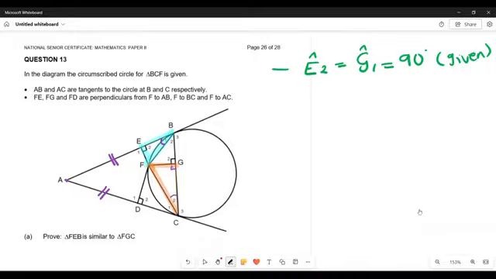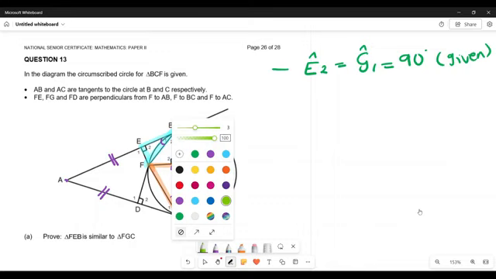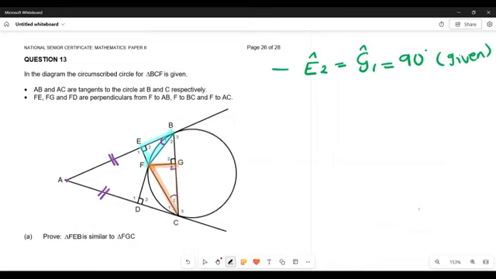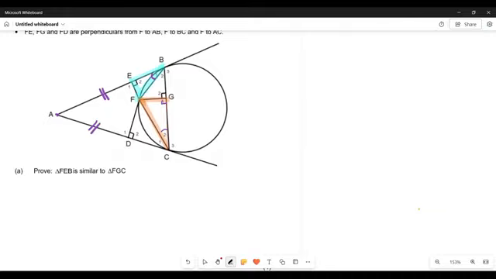So now for the other two angles that are equal to one another, so let me see. So if I look at my FB, right? FB is a chord, right? Now, FB, let me try and separate this here. So this is F to B, which is a chord, right? F to B is a chord, right?